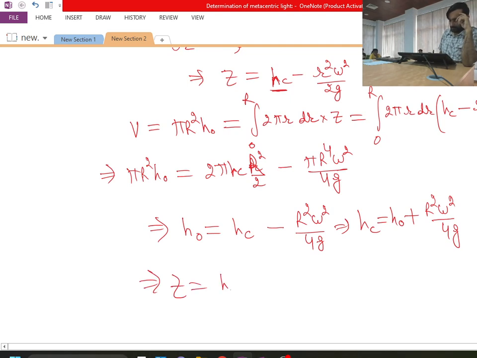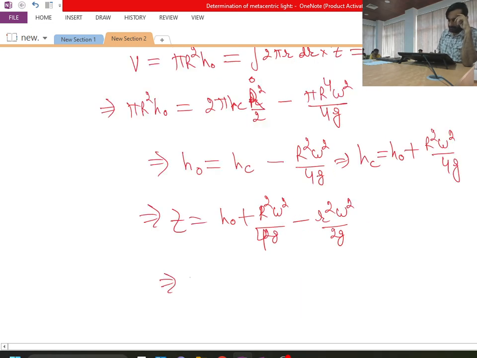So Z will be H naught plus R square omega square by 4G minus small r square omega square by 2G.